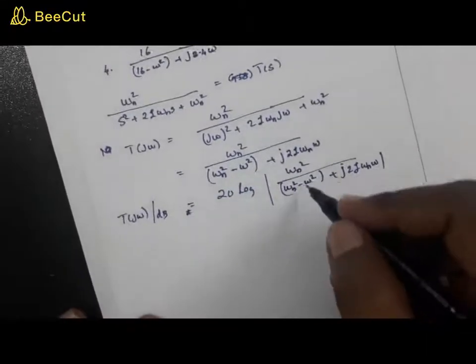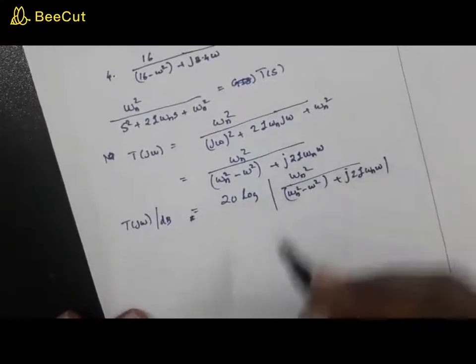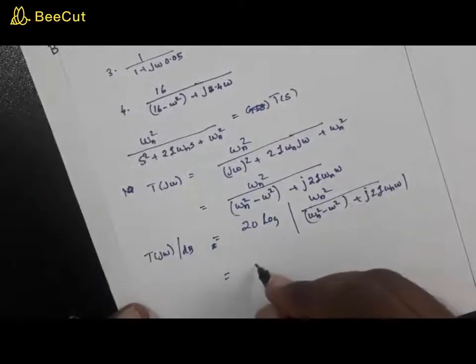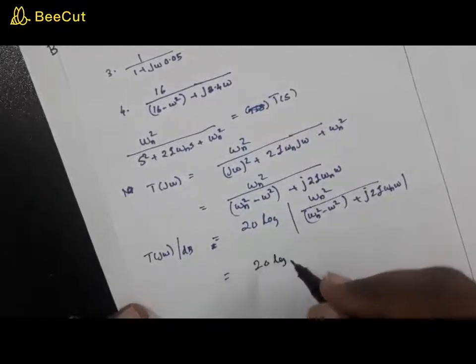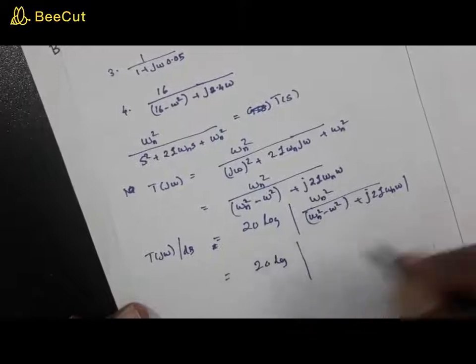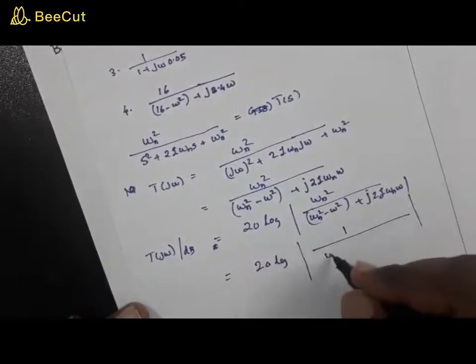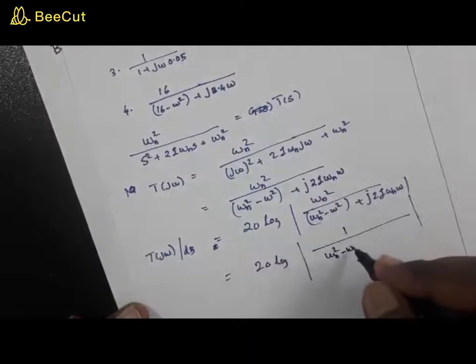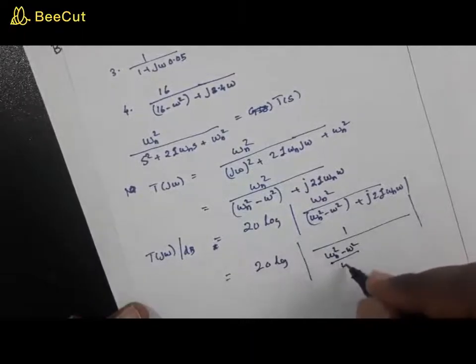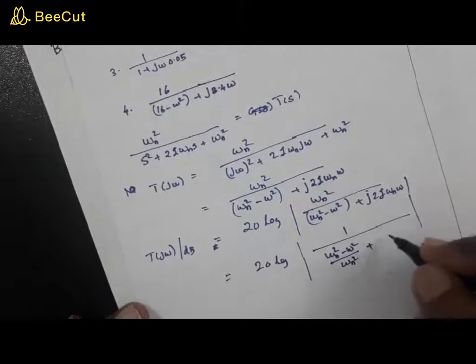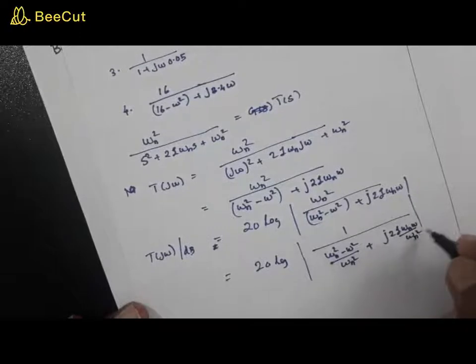Now you can bring this down, omega n square, so that this becomes 20 log of the magnitude of 1 divided by (omega n square minus omega square) divided by omega n square, plus j into 2 zeta omega n omega by omega n square.